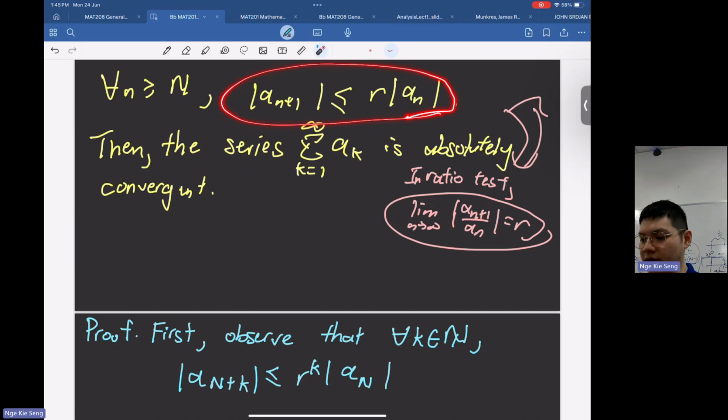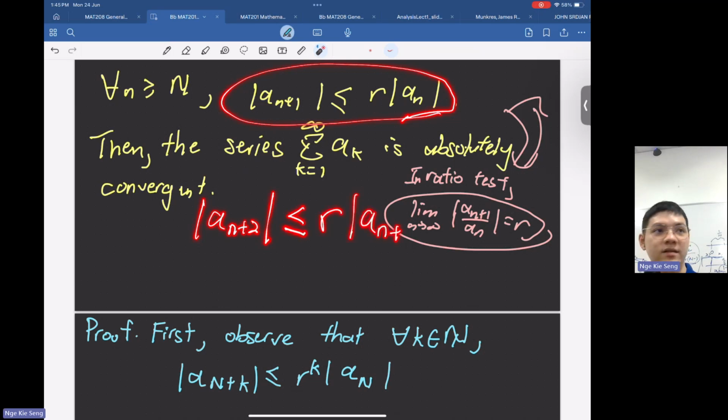For example, look at a_{n+2}. It should be less than or equal to r times |a_{n+1}|. But |a_{n+1}| is less than or equal to r times the absolute value of a_n.